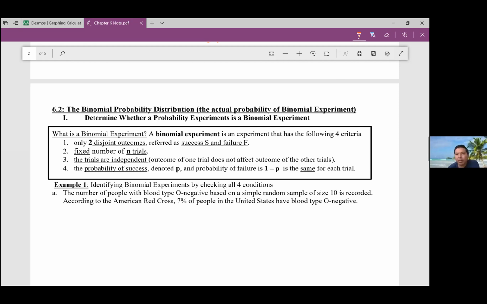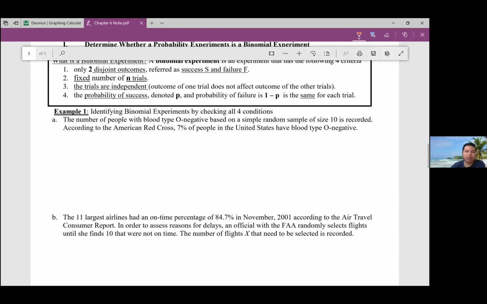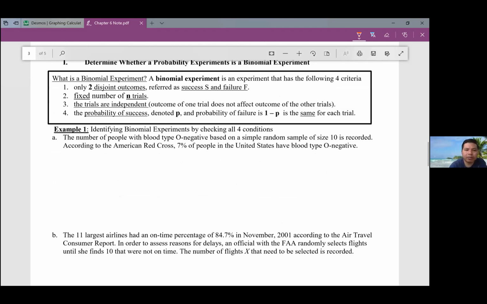All right. So let's go ahead and take a look at the first example to see whether it satisfies the binomial experiment or not. Let's check all the conditions. The first condition is two disjoint outcomes.